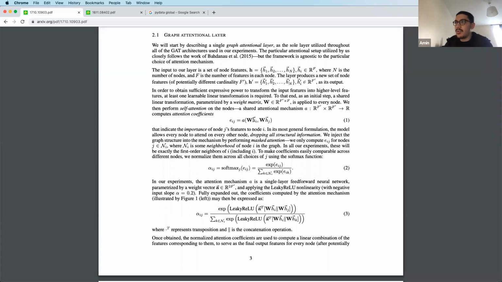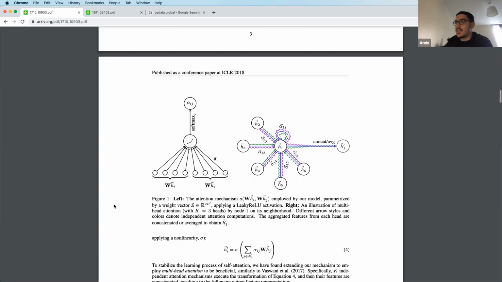So the input representations are linearly transformed, and then they are concatenated with the same transformed vector for the neighboring node of interest. And then there's just a simple feed forward network followed by a leaky ReLU nonlinearity, and so there's a visualization of this here.